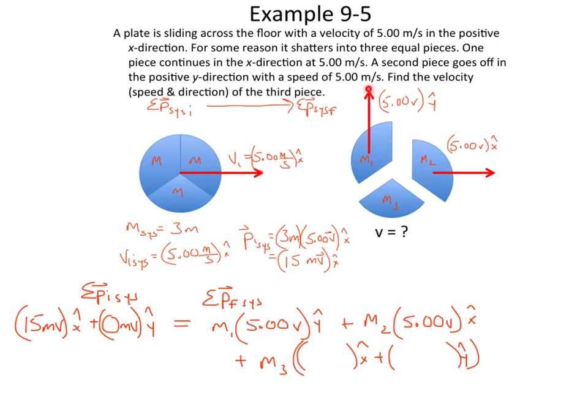If this is shooting up in the y direction, we have 1 mass unit and 5 velocity units in the positive y. What can we put in here so that that will balance out to 0? Well, we've got our same mass unit right here, but the velocity has to balance out that positive 5 velocity, so we've got to put in negative 5.00 velocity in the y direction.